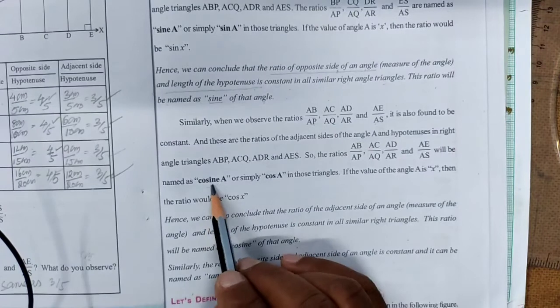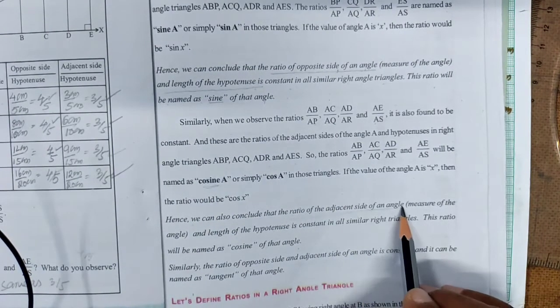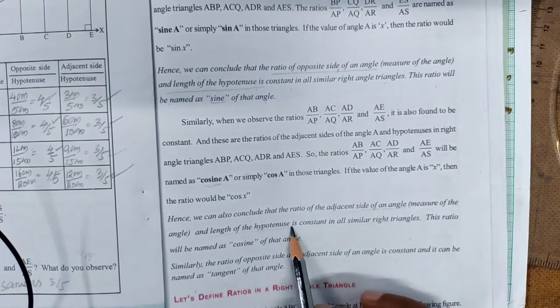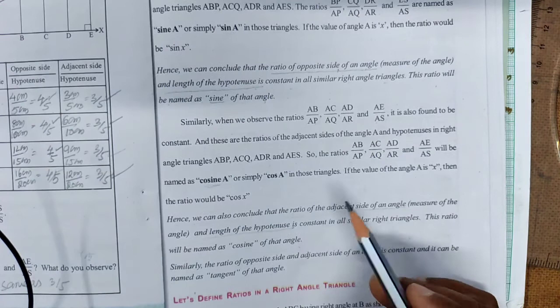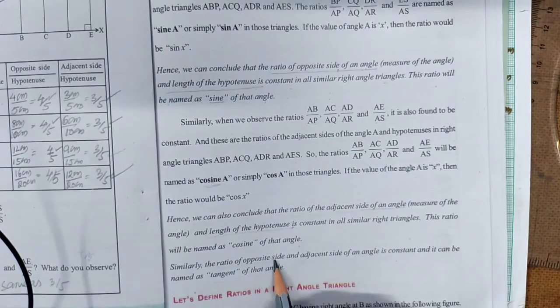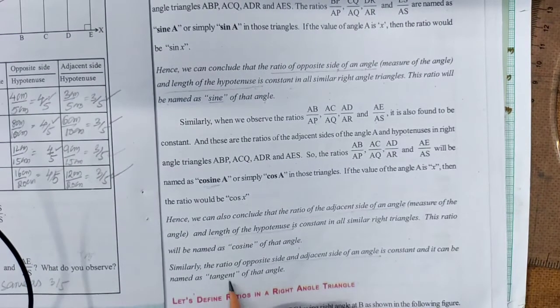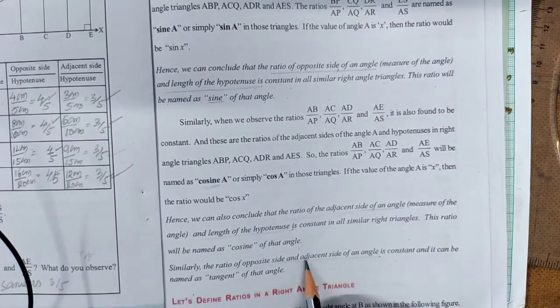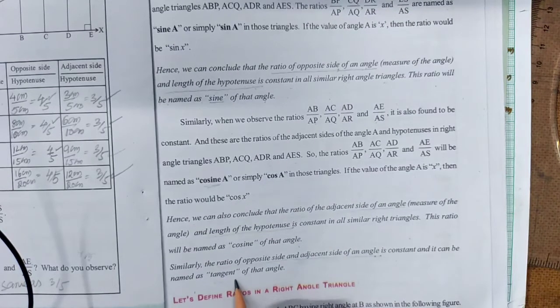And cosine, what is cosine? Ratio of the adjacent side of an angle and the length of the hypotenuse. So this is cosine. And what is a tangent? The ratio of the opposite side and adjacent side of an angle is named as tangent.